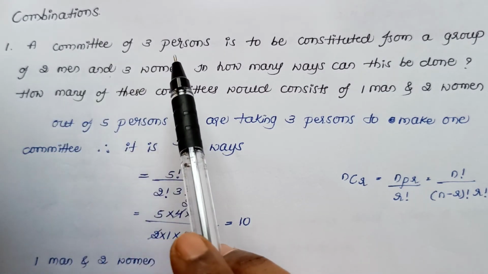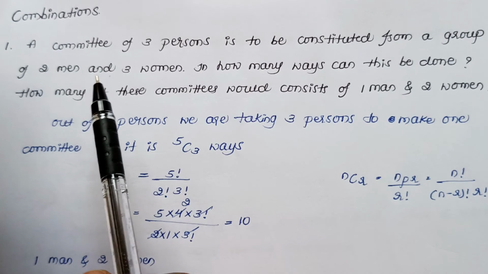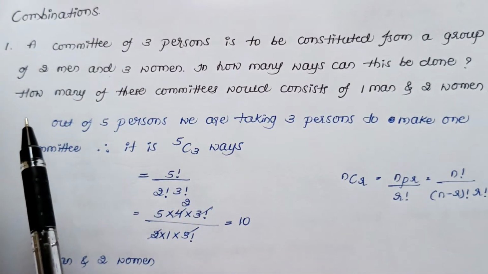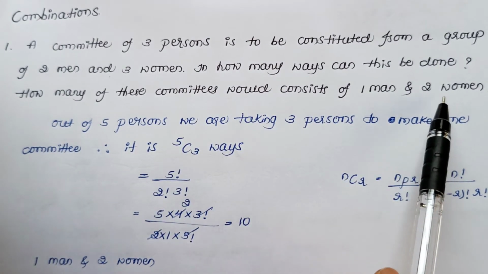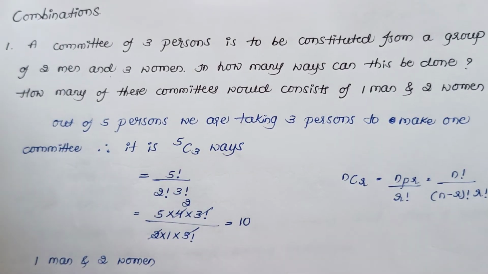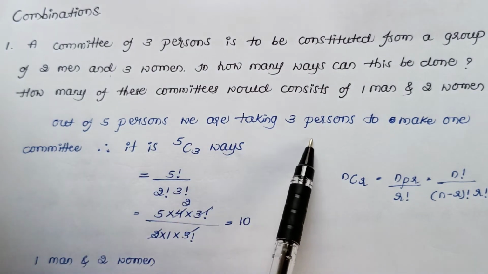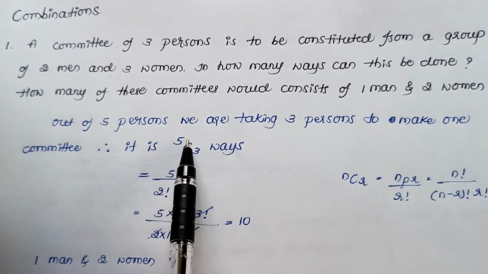Next we'll see some examples of combinations. A committee of 3 persons is to be constituted from a group of 2 men and 3 women. In how many ways can this be done? How many of these committees would consist of 1 man and 2 women? Out of 5 persons, we are taking 3 persons to make one committee.